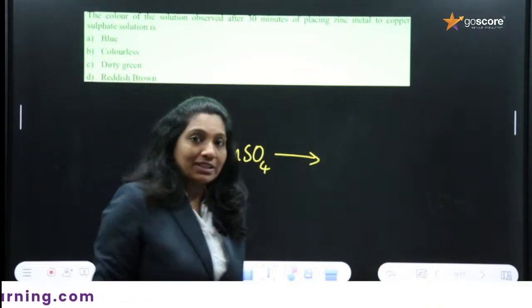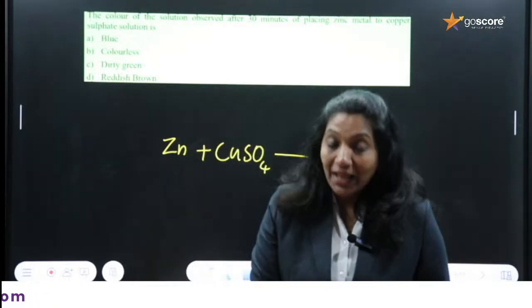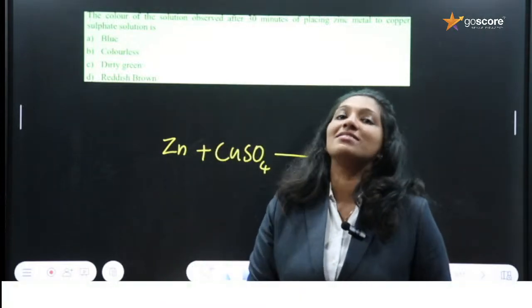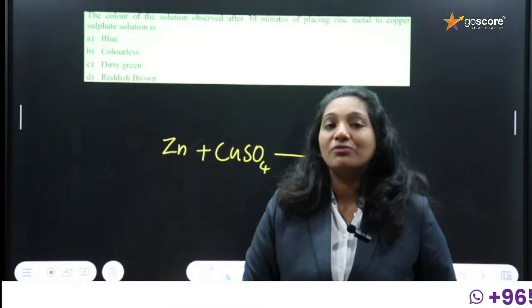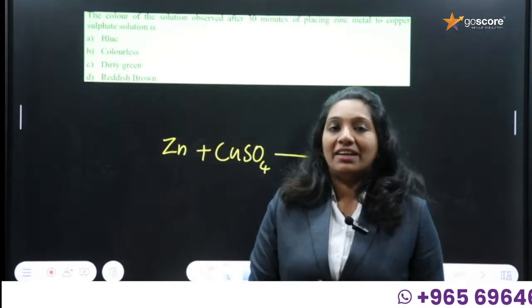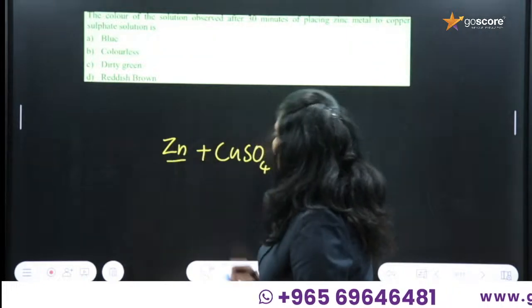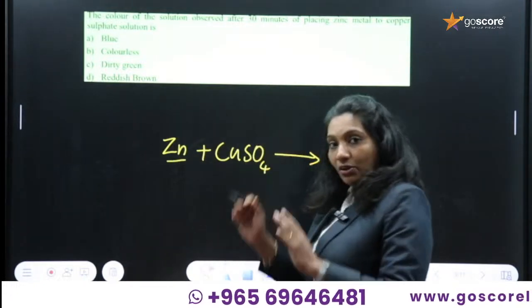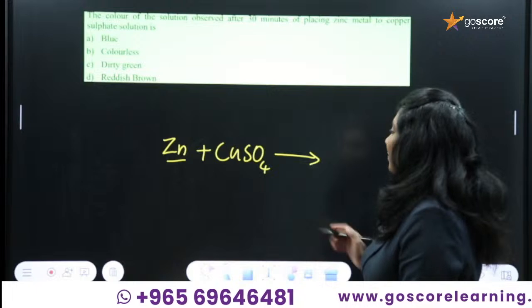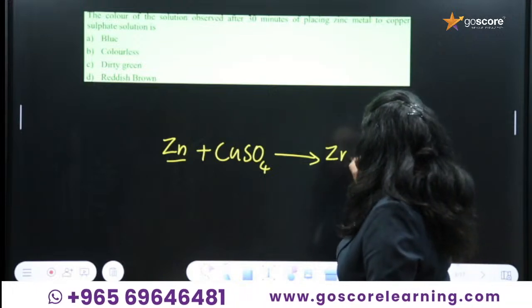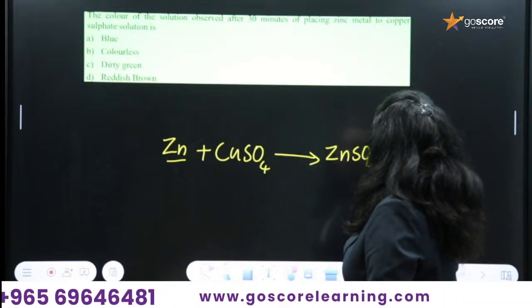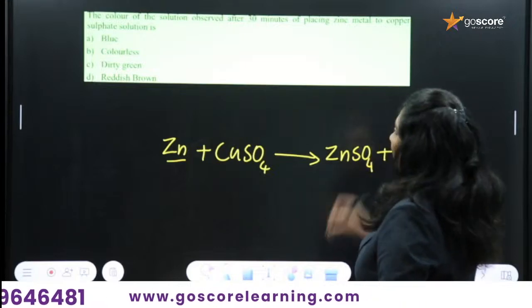So definitely zinc will displace copper from its salt solution, and the type of reaction is nothing but a displacement reaction, right? So here, as zinc is more reactive than copper, zinc will displace copper from its salt solution and you will get ZnSO4 plus copper, right?